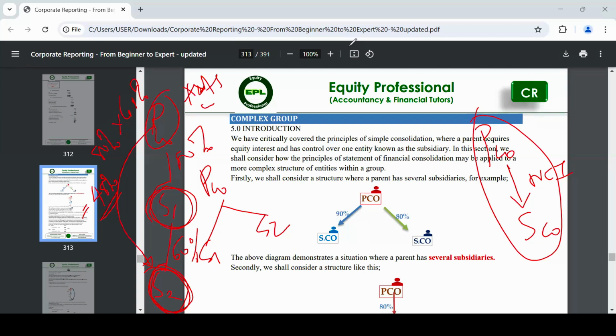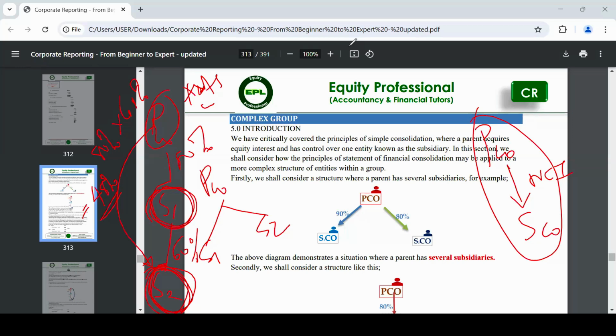And should that be the case, if S1 has made an equity controlling investment in S2, then it means that Pico has right into whatever gains that S1 is going to make in S2.